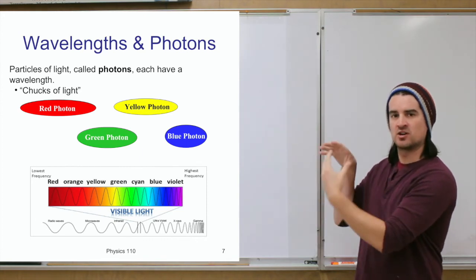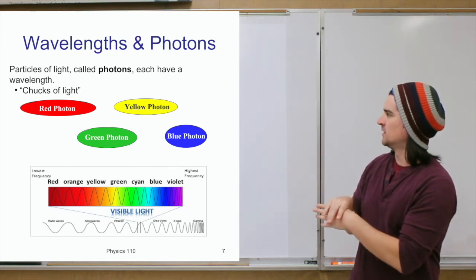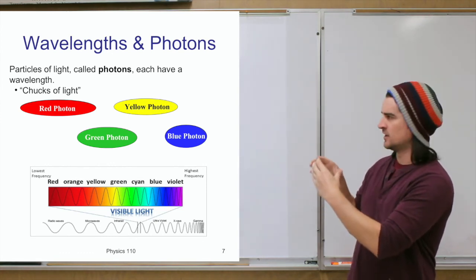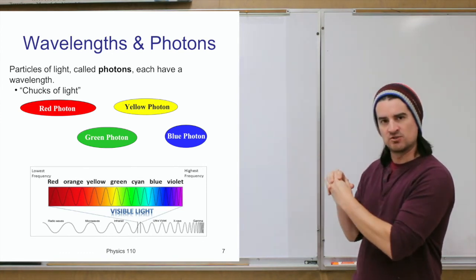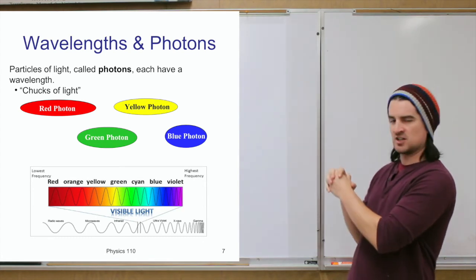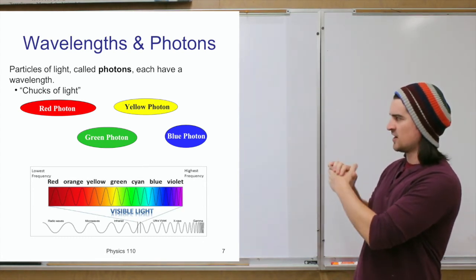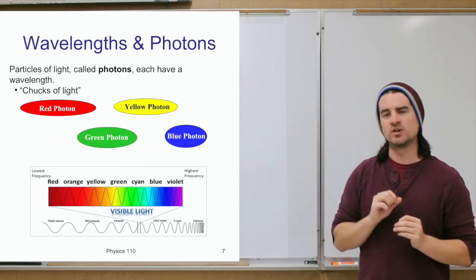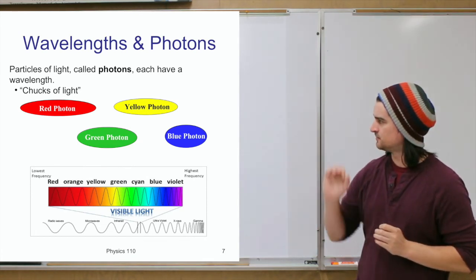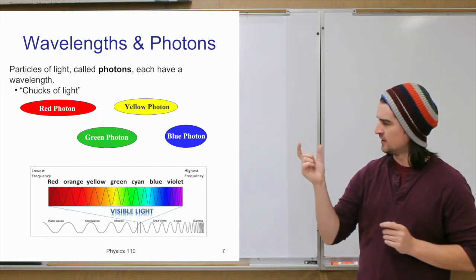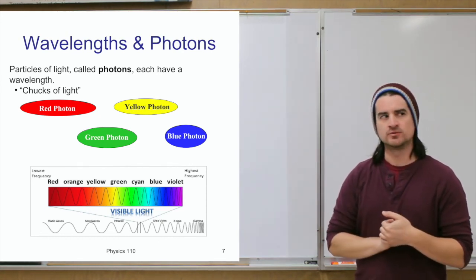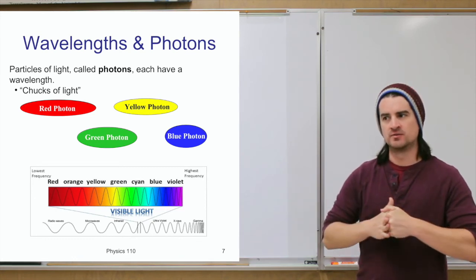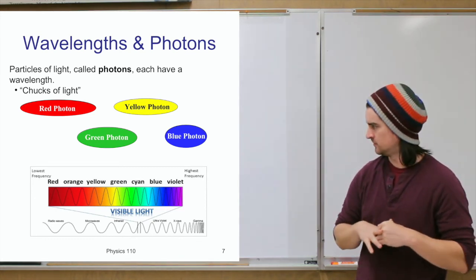Because red is the longest wavelength of light. Or we could draw the yellow photon, the yellow chunk of light, as an oval, but a bit skinnier than the red one. The green one would be a little bit skinnier than that. The blue one even skinnier than that. The violet one would be even skinnier than that, right? So you can think about them as these balls or these ovals, these ellipses. And the width could identify it as a longer or shorter wavelength photon.